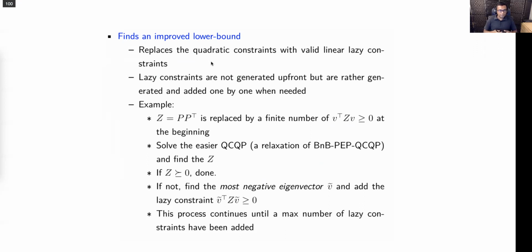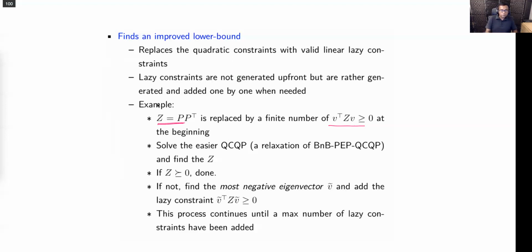One very simple example of lazy constraints is the so-called Cholesky constraint that we introduced, which made our inner problem non-convex, right? Because this is a positive semi-definite constraint, we can replace it by a finite number of constraints, which would be a relaxation, because any positive semi-definite matrix Z is going to satisfy V transpose Z V greater than or equal to 0 for any matrix V, but it will be for an infinite number of V's.